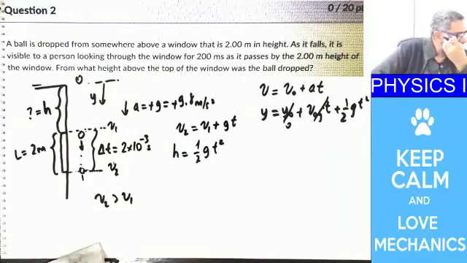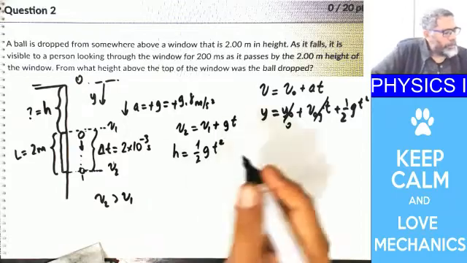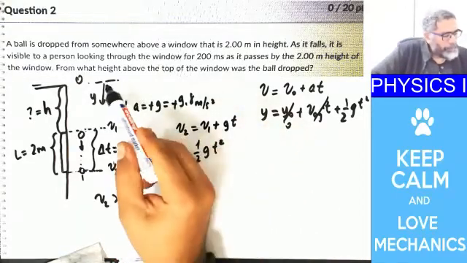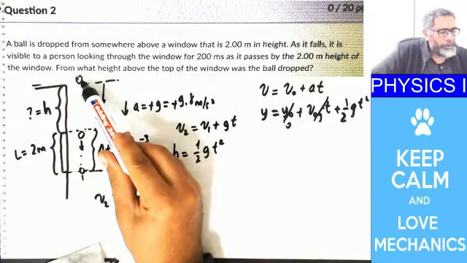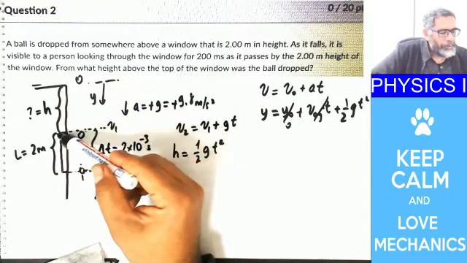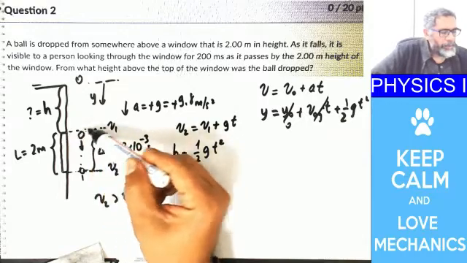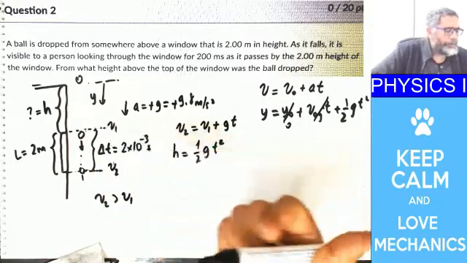Can I find this time t, the time of flight from the point where the ball is initially dropped to the top of the window? This is the time.